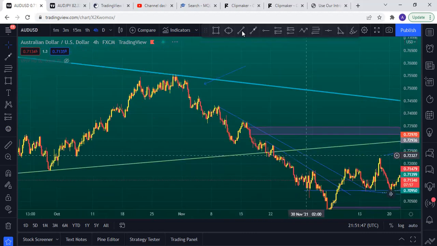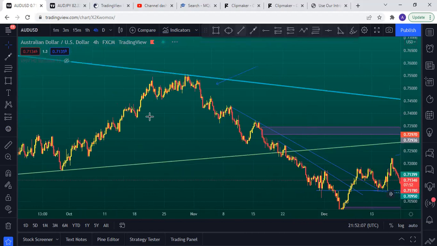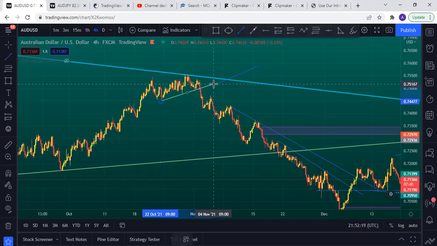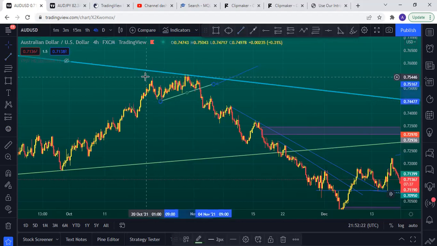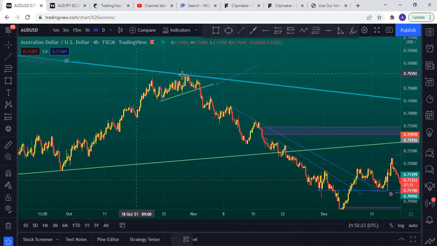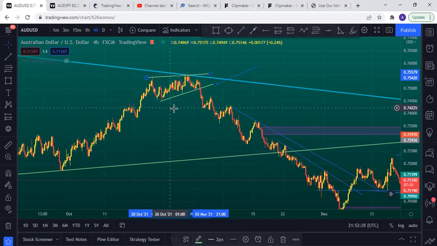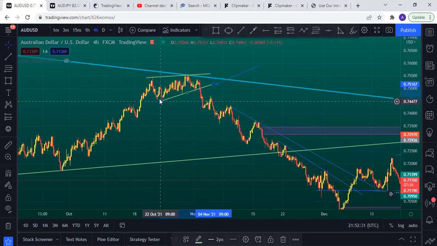So what I mean by the accumulation around the trend line, this is what I mean. This is an accumulation around this trend line. Don't forget, this is the major trend line we're looking at.